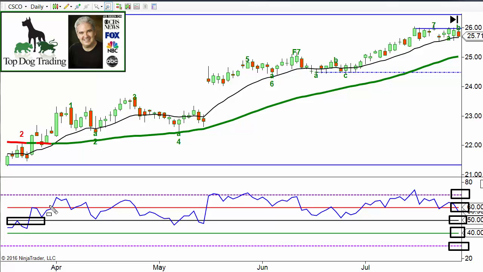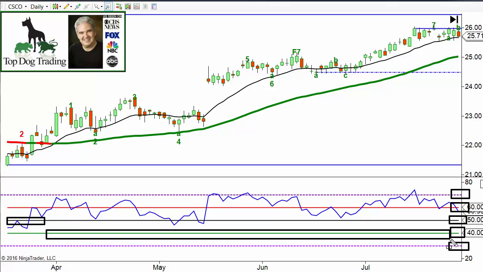But once we get above 60, so we're not going to make it all the way to 70, but above 60, then we're going to look at 40 as a support level. And as long as we can stay above 40 in a bullish trend, we're going to consider that bullish momentum or strength, a strong trend.